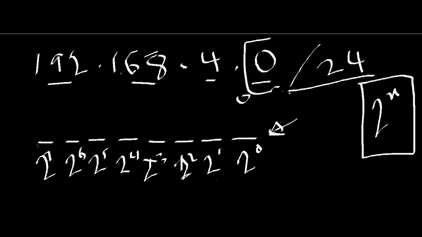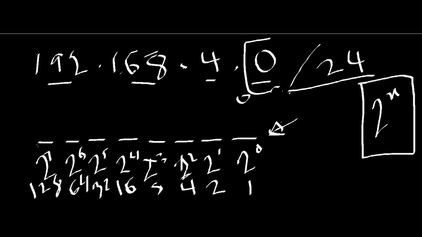Now 2 to the power 0, we have a 1. 2 to the power 1 is the same as 2. 2 to the power 2 gives us a 4. 2 to the power 3, an 8. And we keep going, 16, 32, 64, 128.